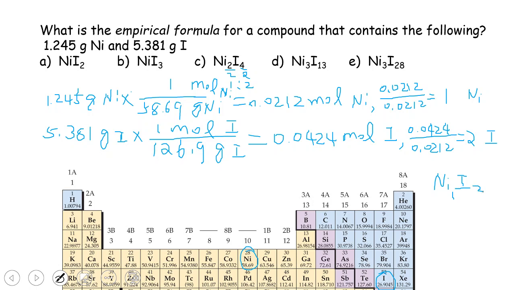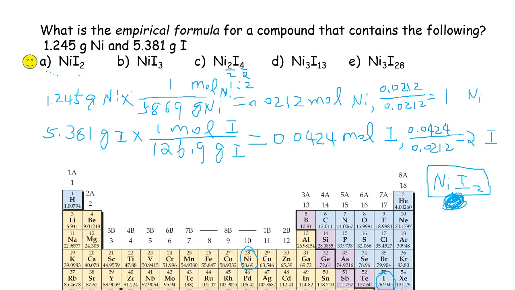But by convention, of course, if the subscript is 1, we just simply don't write it. So therefore, the correct answer should be NiI2. And the ratio is 1 to 2, which is the smallest whole number ratio. Do we have this choice?